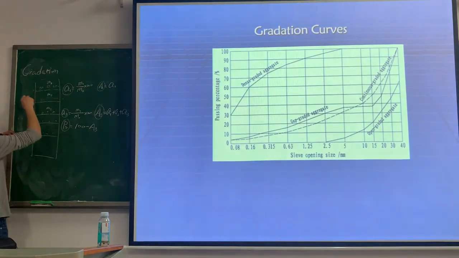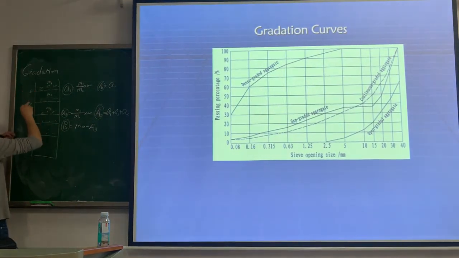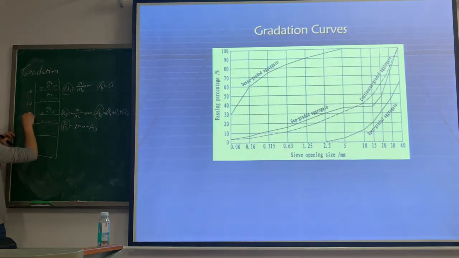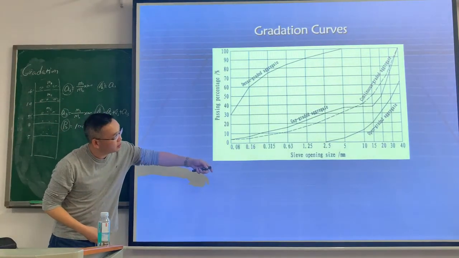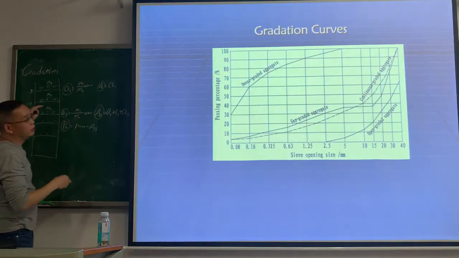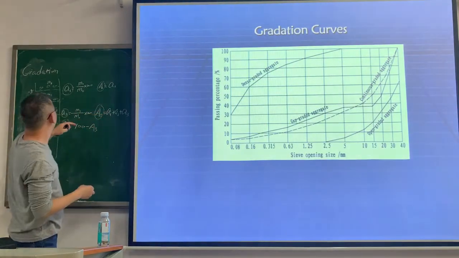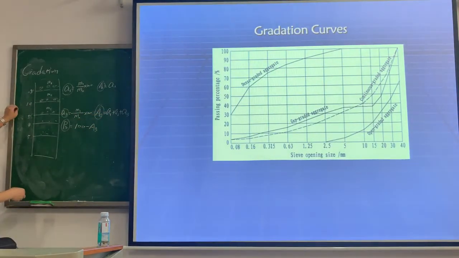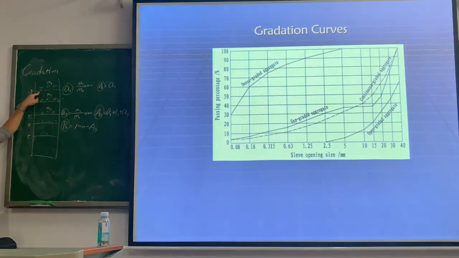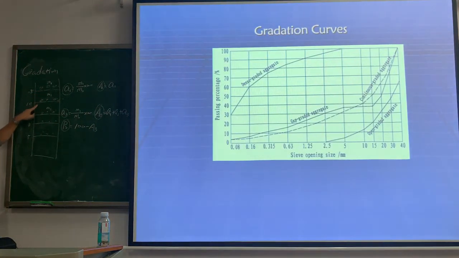If this is 16, this is 10, this is 5, the passing percentage of 15 is the same as 10 and 5.